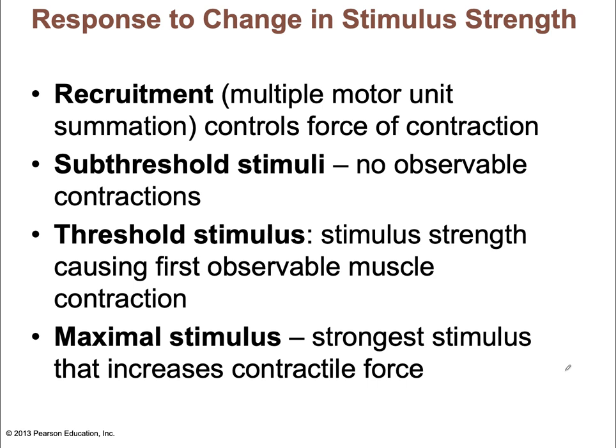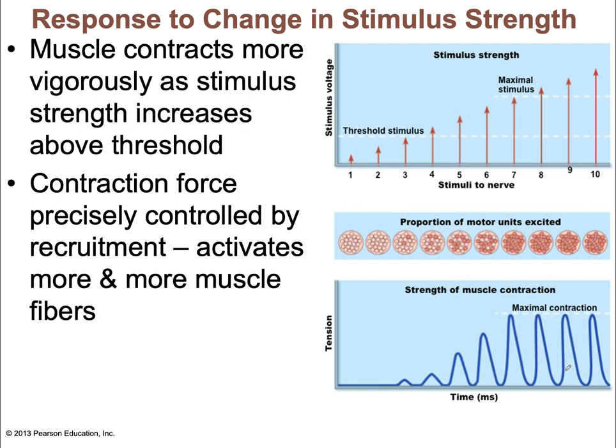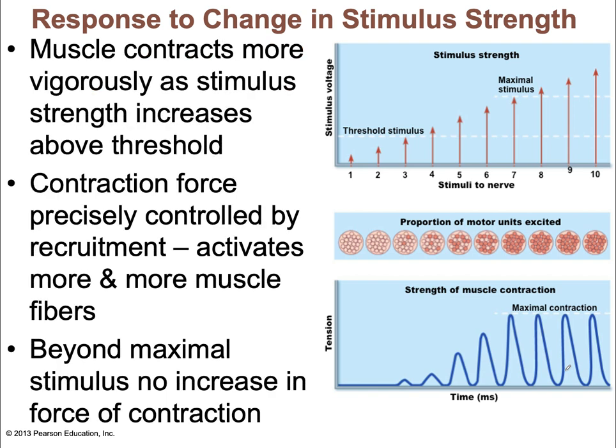A threshold stimulus will produce the first observable muscle contraction, and then a maximal stimulus will generate the strongest muscle contraction. Okay, so what you're seeing here at the muscle level, right? The stimulus strength, the first observable contraction is going to be at threshold stimulus, right?